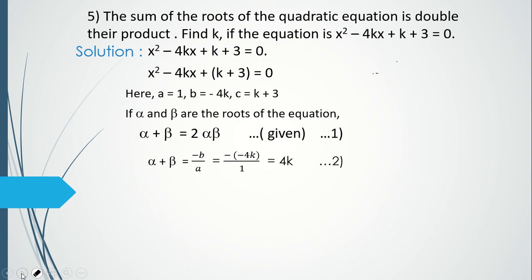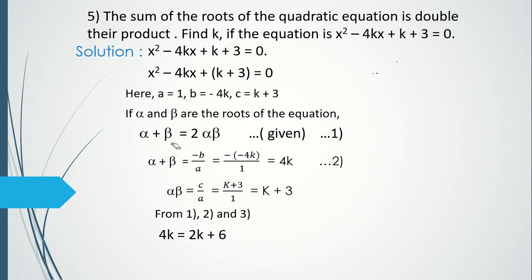This is given. So we get 4k and k plus 3. Now just substitute from 1, 2 and 3. So alpha plus beta, I have put 4k and 2 times alpha beta. So 2 multiplied. So 2 into k becomes 2k and 2 into 3 becomes 6.